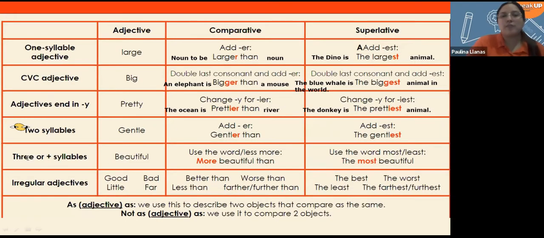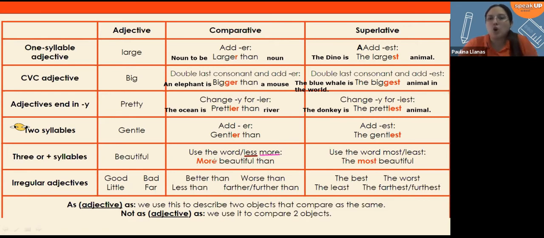And also, when you have three or more syllables, I made a mistake here. Instead of adding ER at the end of the adjective, we are going to use the words less for a few and more for many.